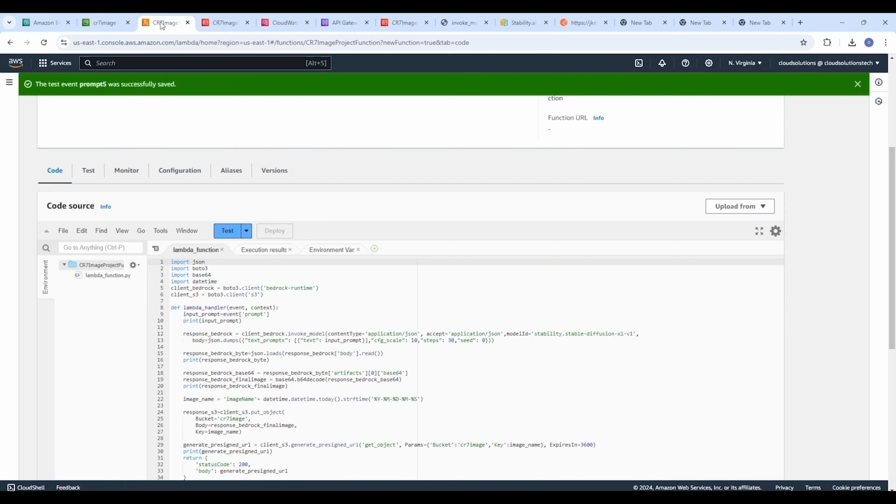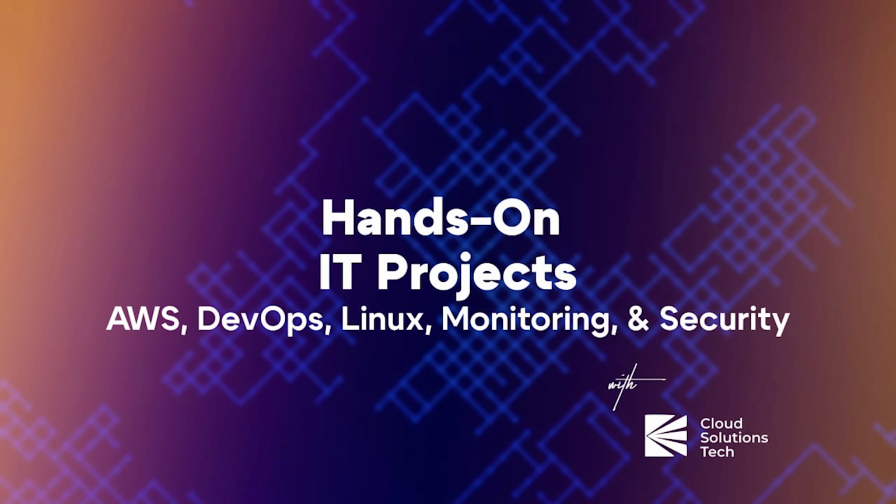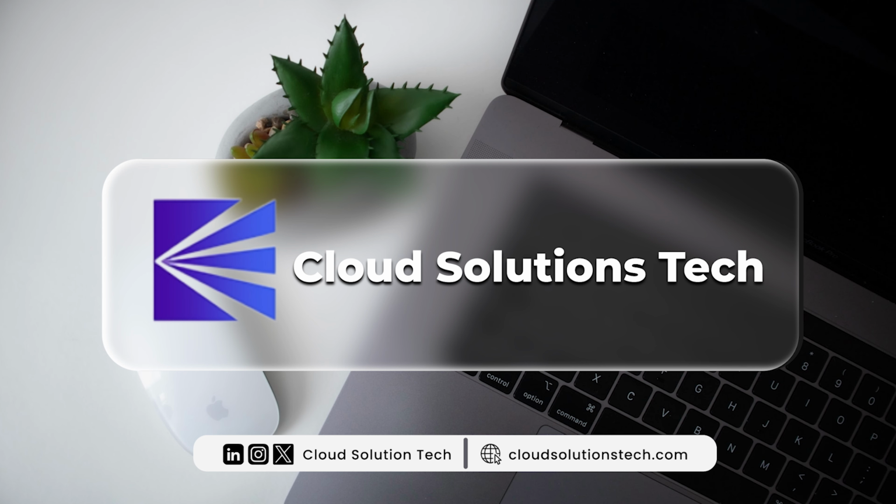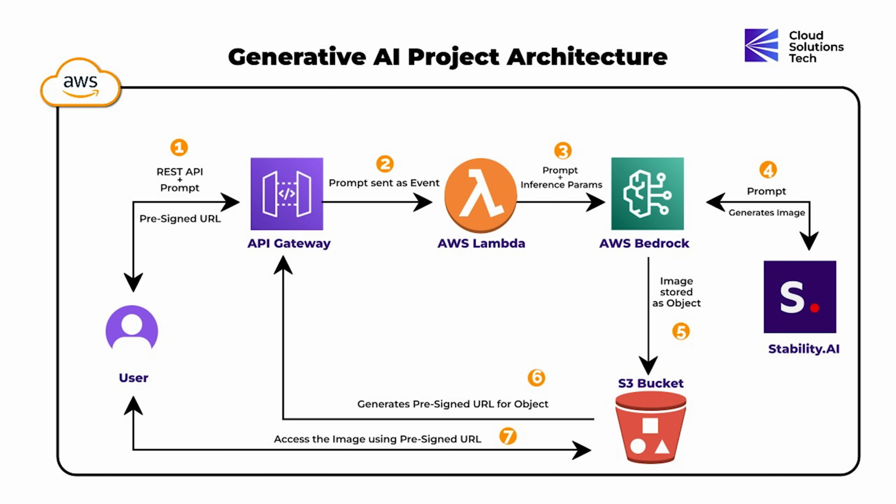So in this video, I've walked through an entire end-to-end process of generating an image of Cristiano Ronaldo, the soccer star, image of a mansion, image of people at the beach, different types of images, using Amazon Bedrock and the Stability AI diffusion model. We started by creating an S3 bucket to store our images, and then built an AWS Lambda function to interact with Amazon Bedrock's AI models and generate our images.